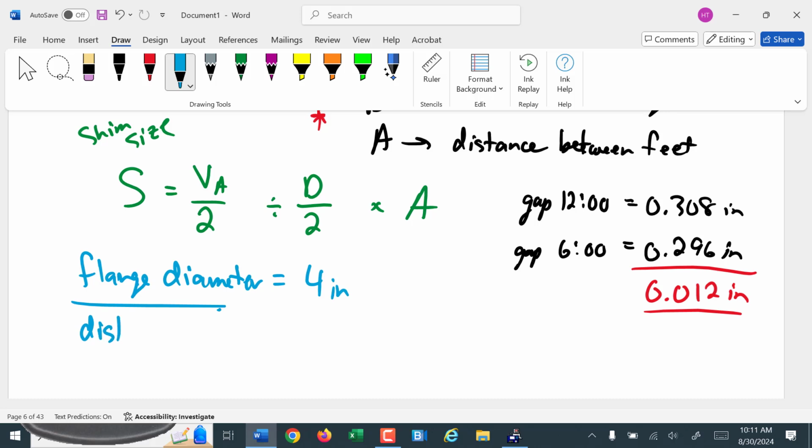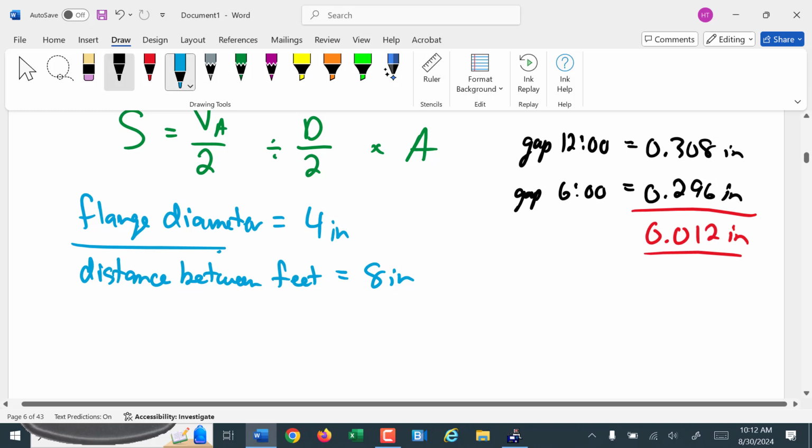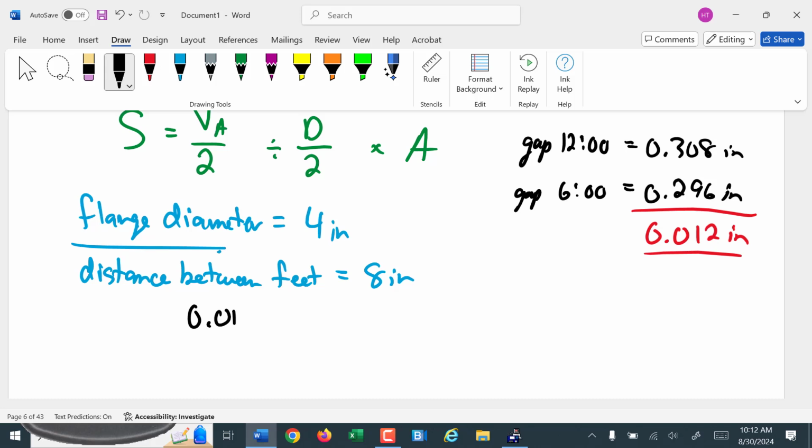If I give you a flange diameter, let's do 4 inches. And the distance between feet, 8 inches. How far would I have to shim that?